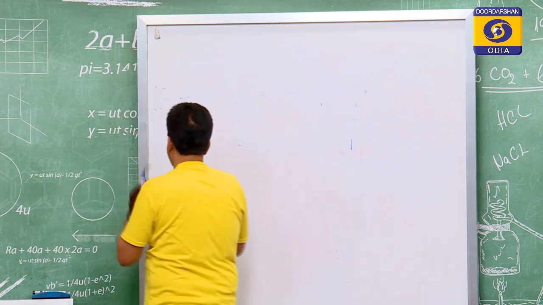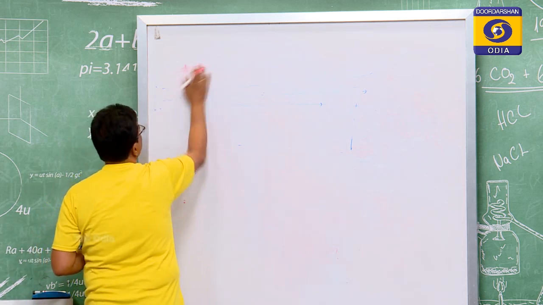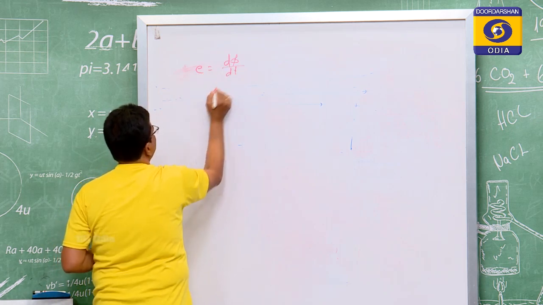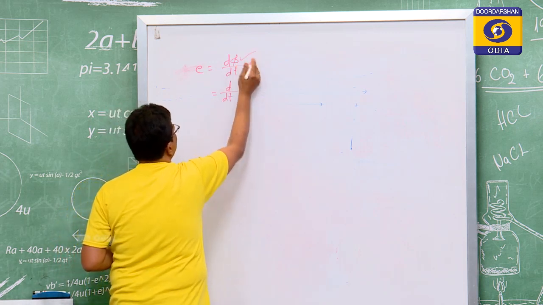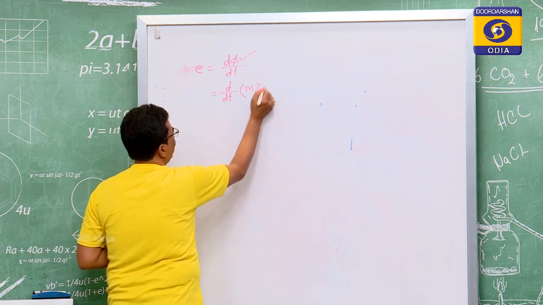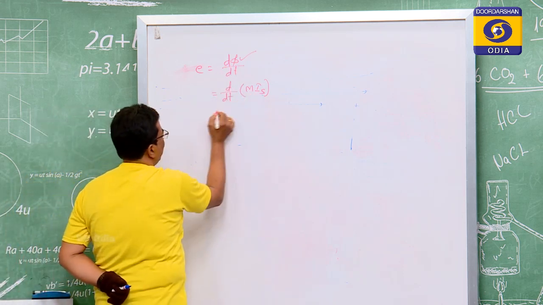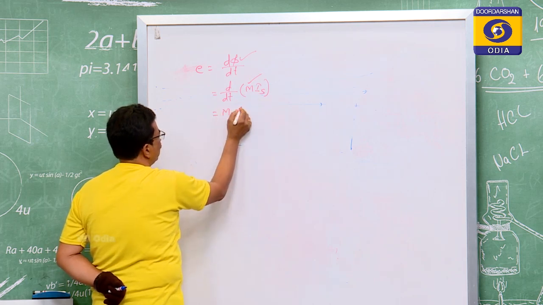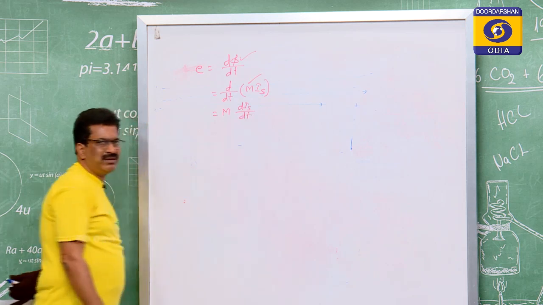For the second type of expression, you know that E is equal to d phi by dt, that is equal to d by dt of phi. So phi is equal to how much? Phi is equal to M Is, as we have derived. M is the coefficient of mutual induction, a constant that comes out, so that is equal to M dIs by dt.